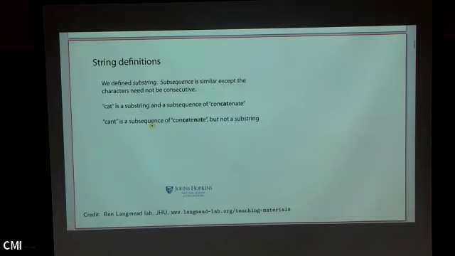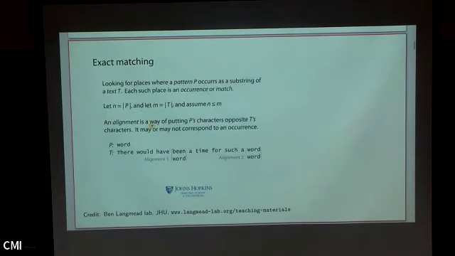And subsequences. Okay. But how would you find an exact match of a word? Let's say P is the pattern, literally the word in this case, and you want to ask where in this text does this pattern occur?